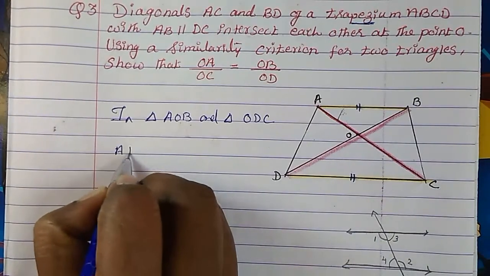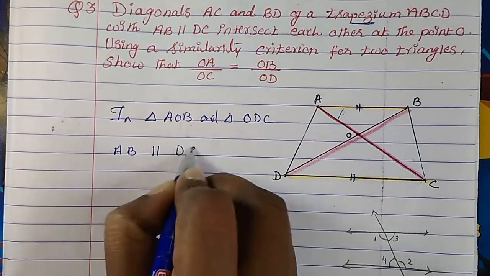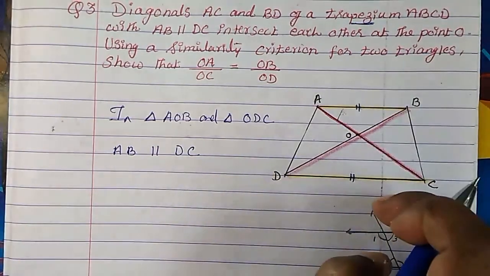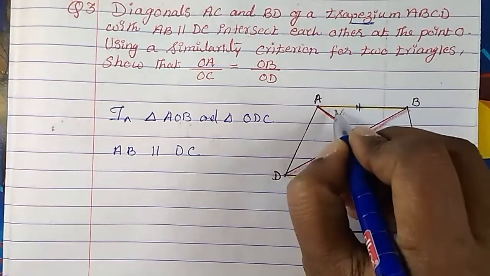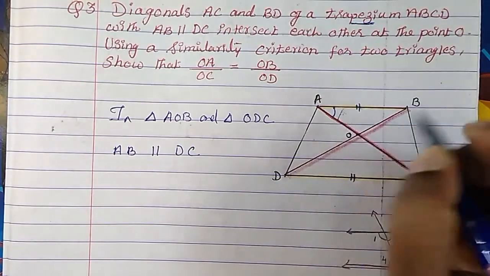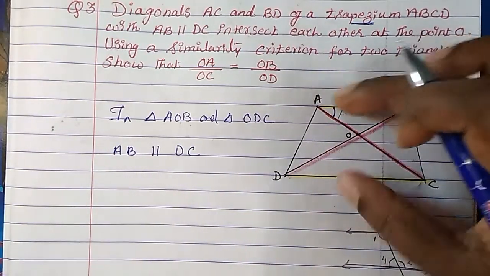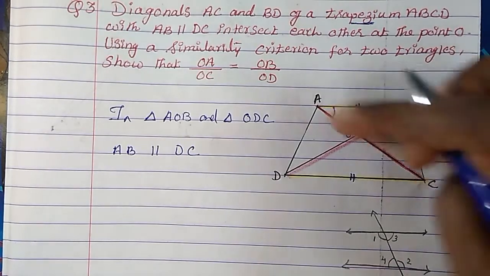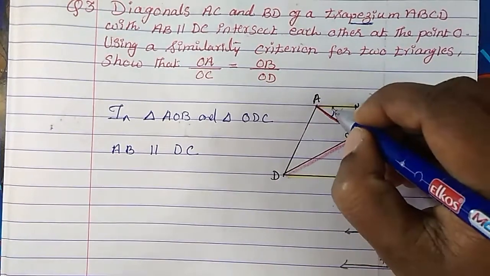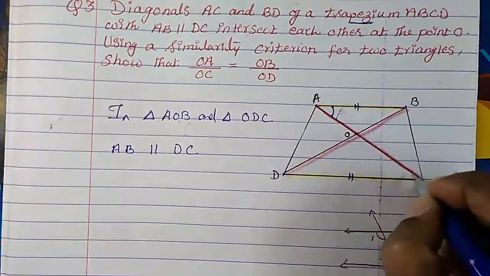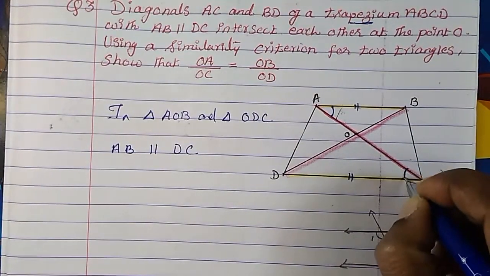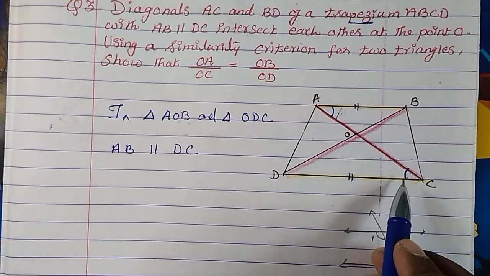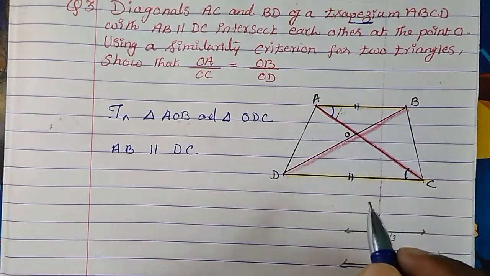These are two parallel lines, and now AC becomes a transversal. So this angle and this angle will be alternate interior angles.